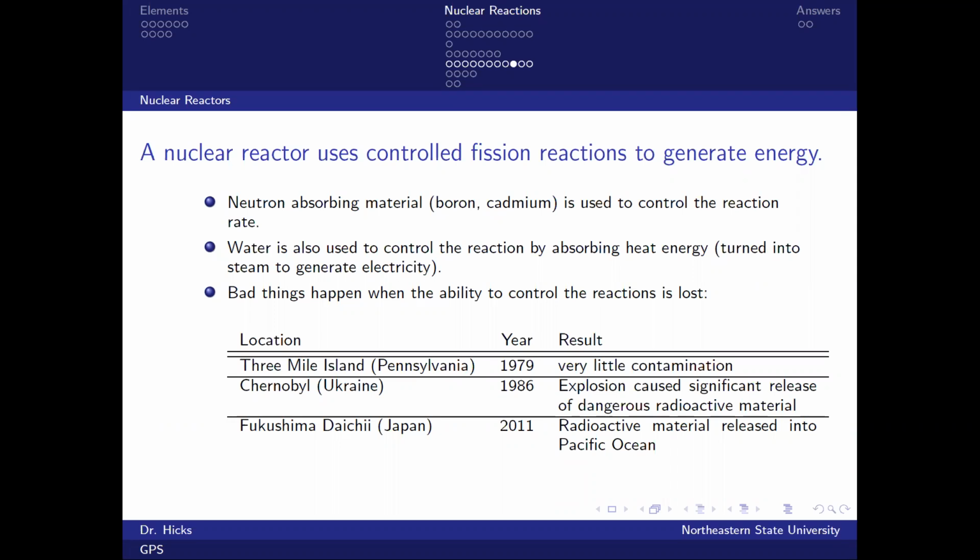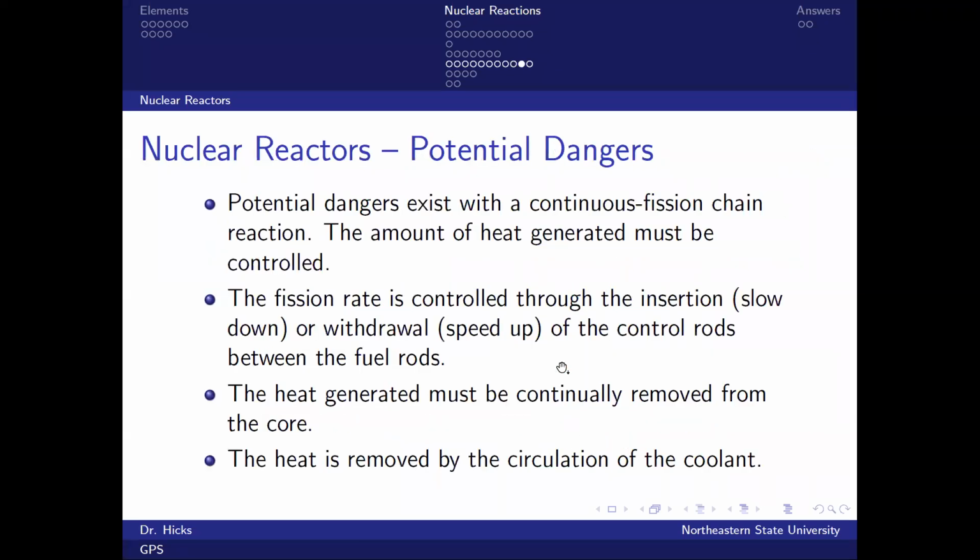A lot of radioactive material ended up going into the ocean because they had to just spray ocean water on that reactor to keep it cool so it didn't explode. And because of this, there's a lot more regulations on nuclear reactor design now.